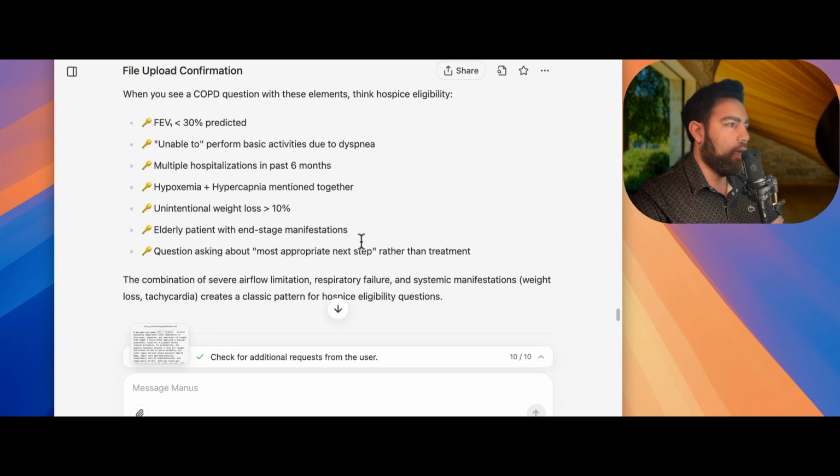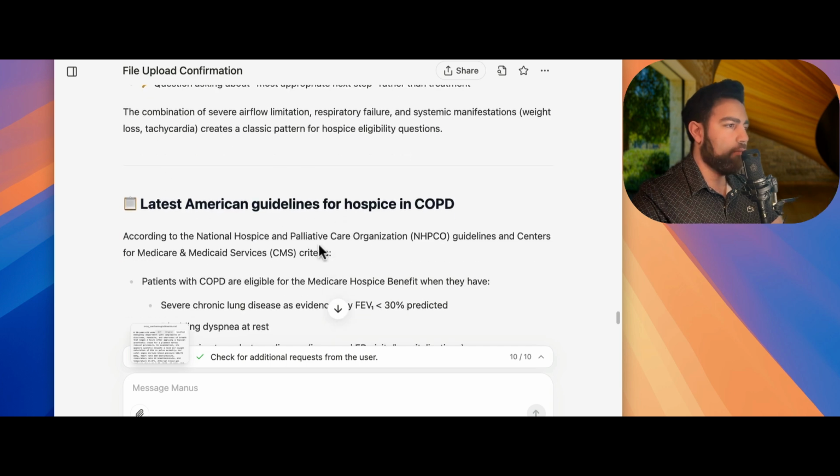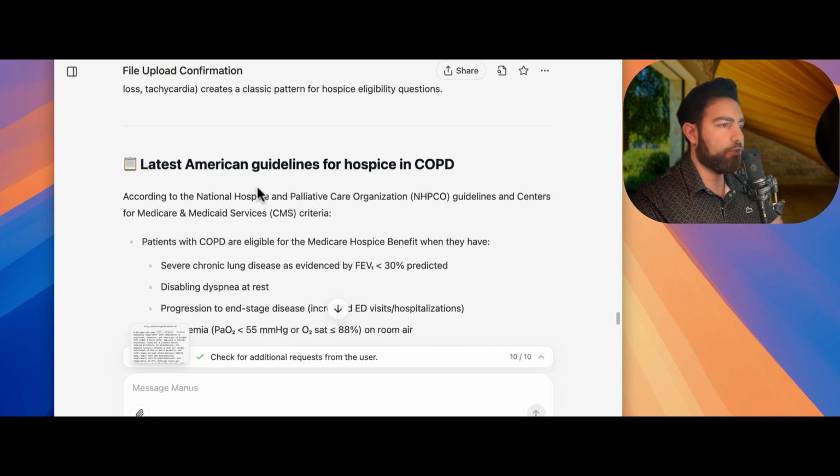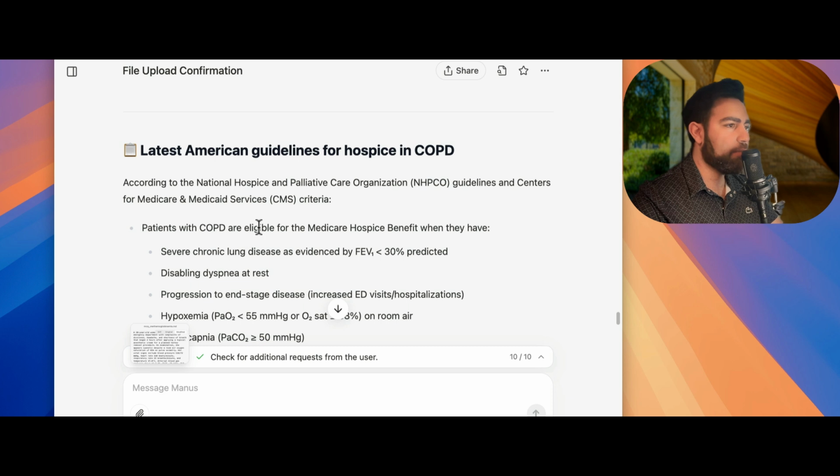Now this kind of repeats itself there, but when we go through the latest American guidelines for hospice, this is important, right?